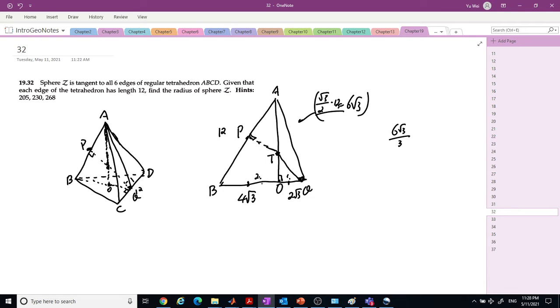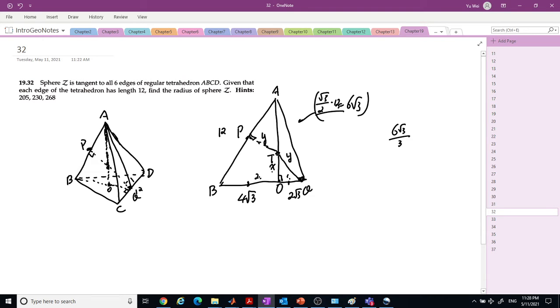Now we want to figure out a point. For example, say this one is x, and this one is x. This one is y, and this one is also y, right? So we try to figure out what y is.